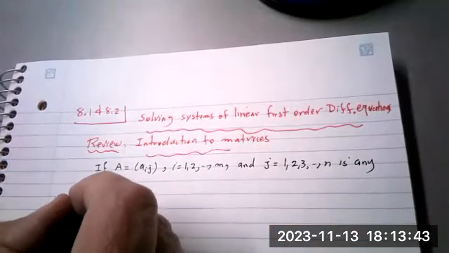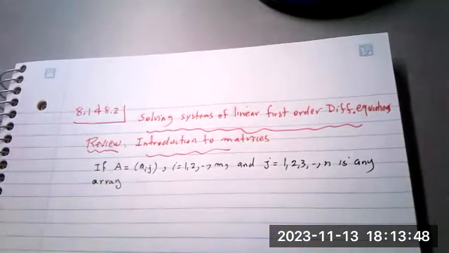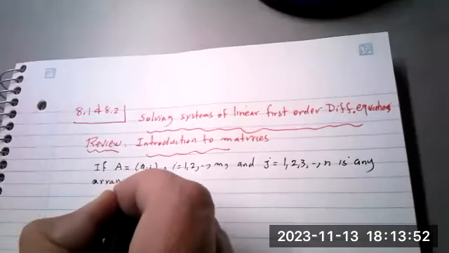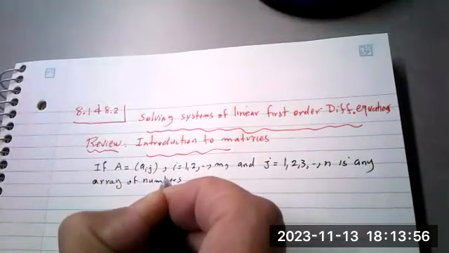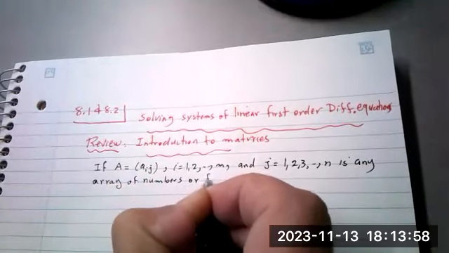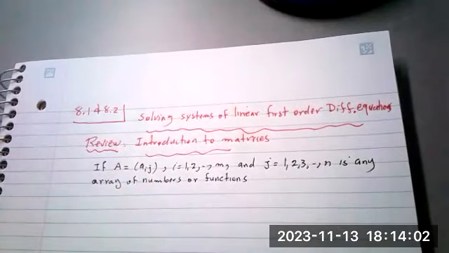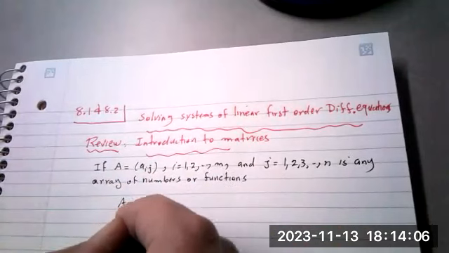It's going to be a rectangular array, any array of numbers or functions. It's not going to be numbers all the time because we are going to change it to functions.